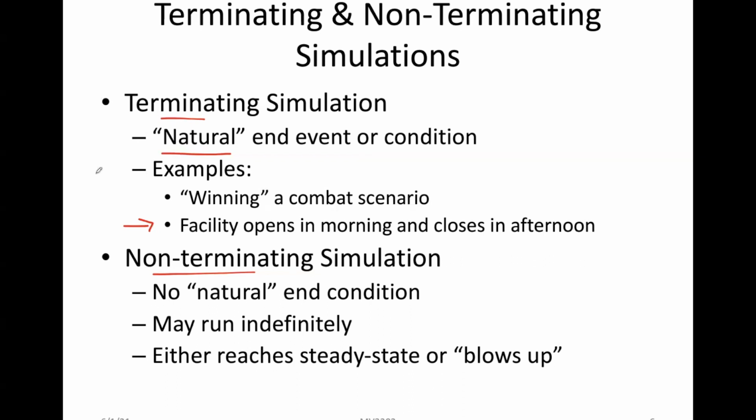And this terminating one is going to be what we deal with first. Non-terminating, there is no natural end condition. In other words, we can run it indefinitely. So for the same multiple server queue model, we can just keep running that forever.